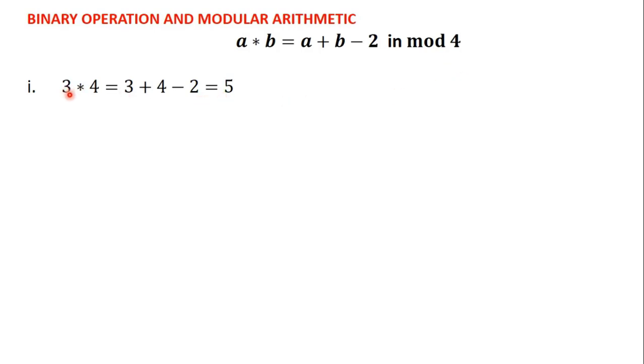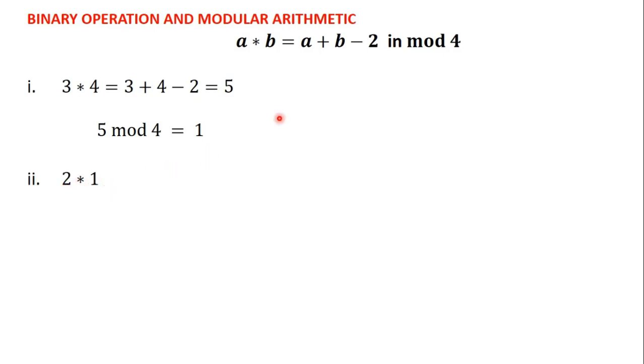So if we have been able to evaluate 3 star 4 and we are having 5, we will have to find 5 in mod 4. 5 in mod 4, which is written as 5 mod 4, is equal to 1. So 3 star 4 in mod 4 will give us 1, because 3 star 4 is 5 and 5 in mod 4 is 1. Let's try out the next question.